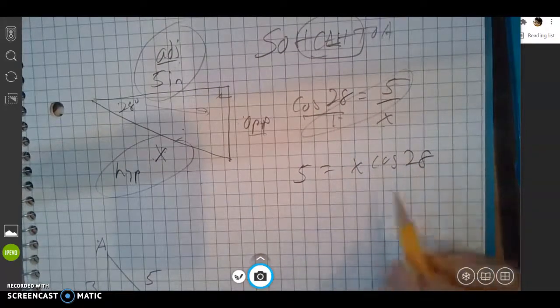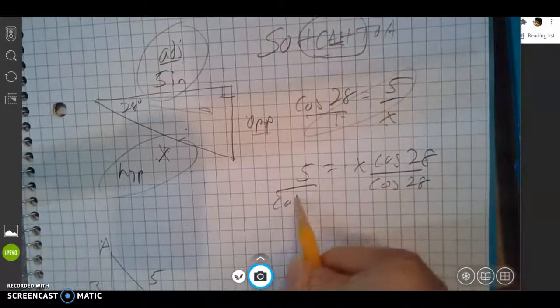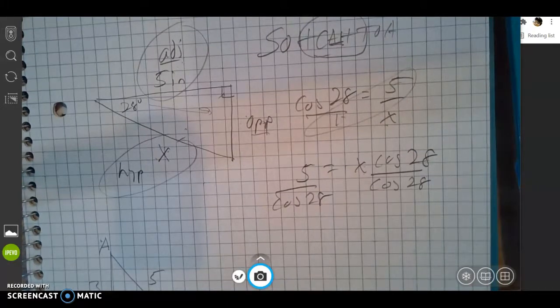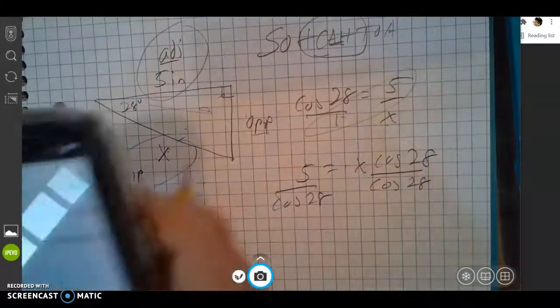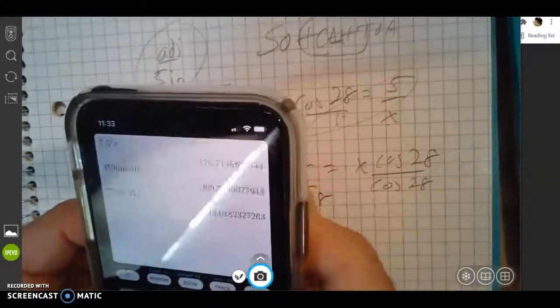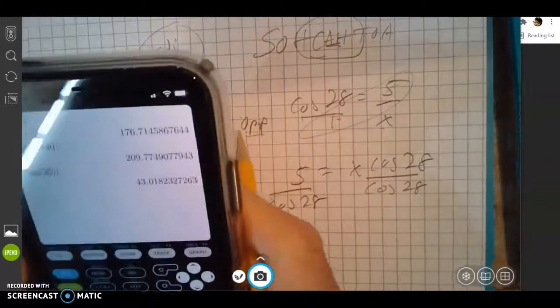The opposite of multiplication is division. Okay, so now we got our calculator. Make sure you're in the right mode. I'm in degree mode. I'm good to go. So I'm going to go 5 divided by cosine 28.